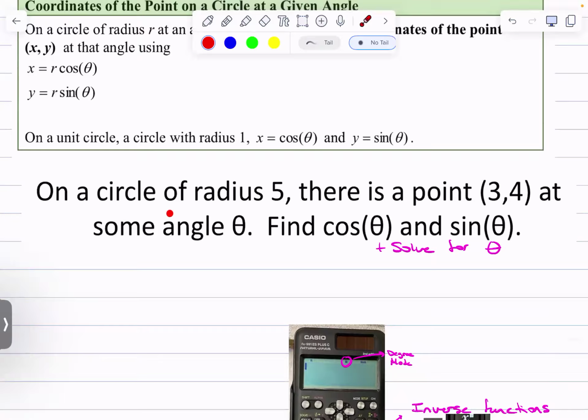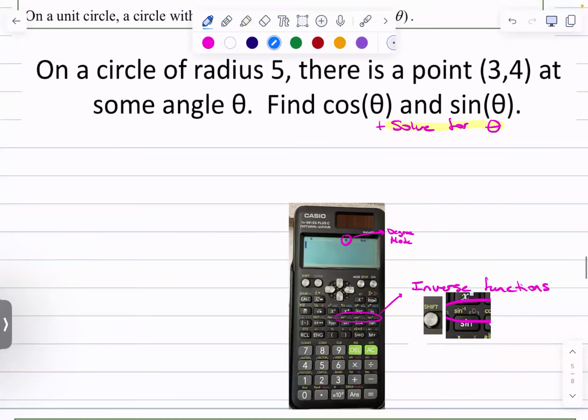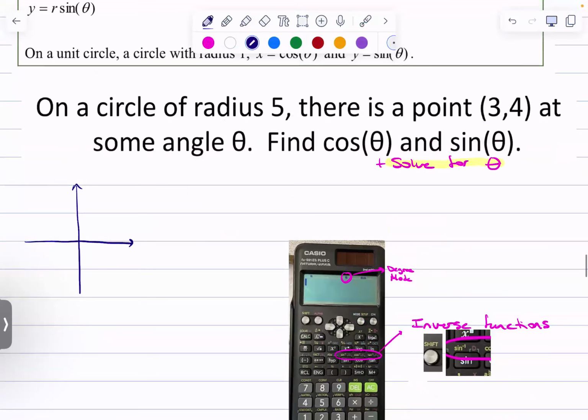On a circle of radius 5, there is a point 3, 4 at some angle theta. We want to find the cos of theta, the sine of theta, and I'm adding that we're going to solve for theta. Now, I'll start here and I'll draw a circle. It doesn't specify that it's off-centered or anything, so you can assume it's centered at the origin.